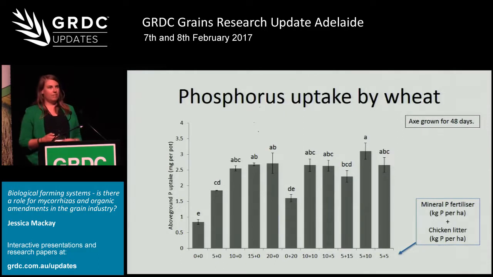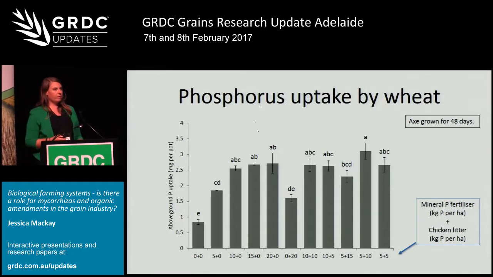So once again, I set up an experiment where I grew wheat, this time for a longer time period. And I measured phosphorus uptake by wheat. The first numbers in the treatment names refer to the amount of phosphorus supplied in the form of mineral fertiliser, and the second number refers to the amount supplied in the form of chicken litter.